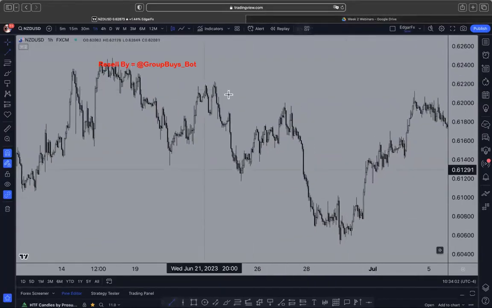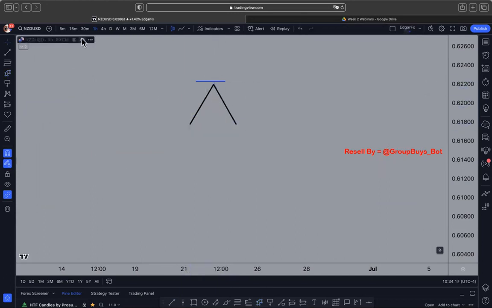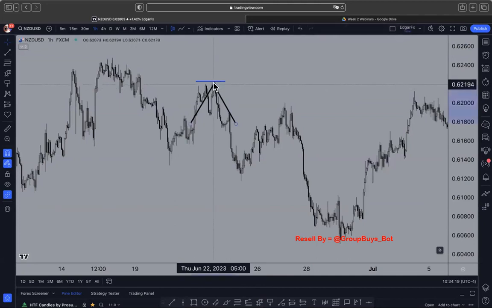So when we take a look at this range from this high, a little more clear, this high right here, put it like this. All right, you see that high, right?